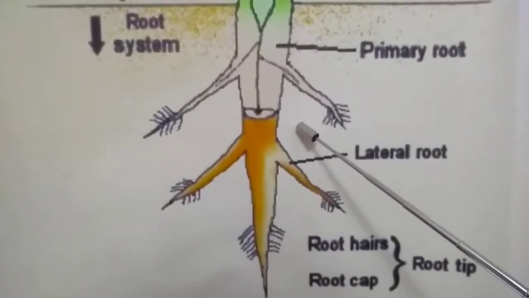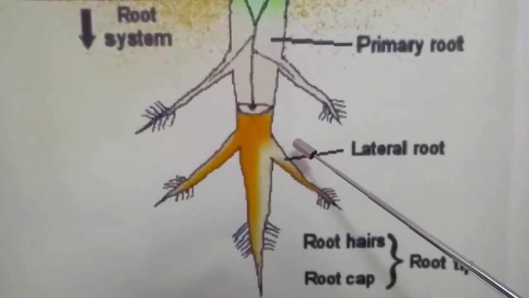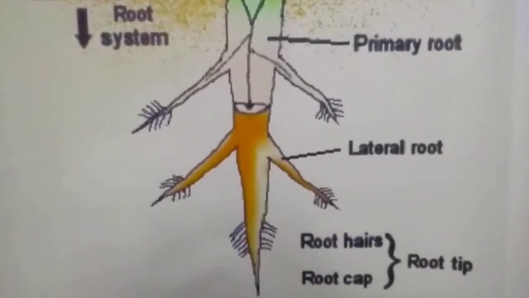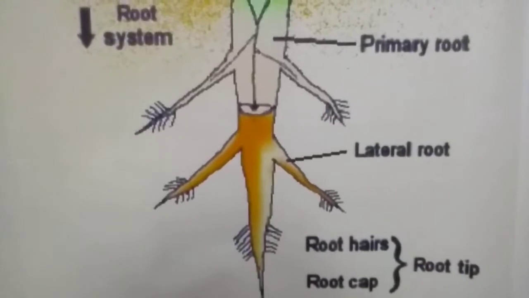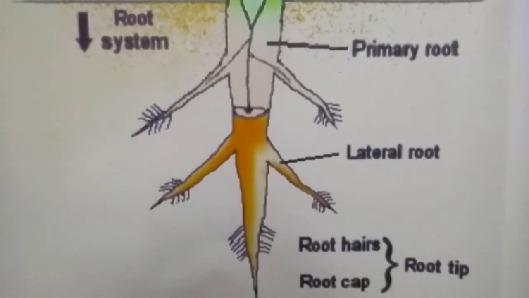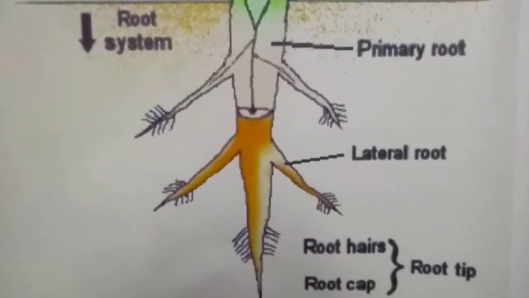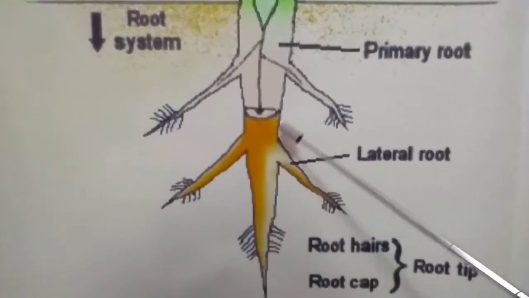The roots of plants serve several purposes. The primary purpose of the root is to provide a means whereby the plant can absorb water and nutrients from the soil.